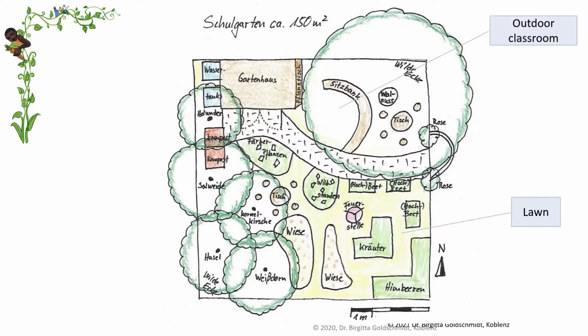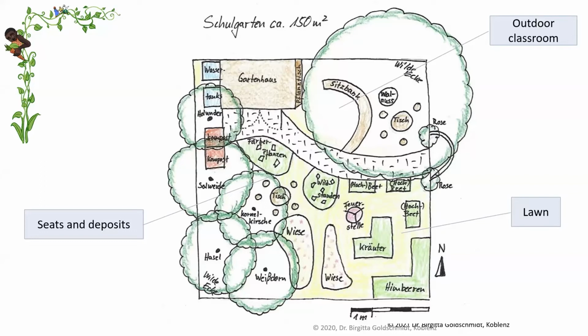Of course, very important is an outdoor classroom where you can meet and gather with the whole class or whole learning group, where you prepare the work in the garden at the beginning of the lesson and conclude at the end of the lesson. Then several seats and deposits where the students can work in small groups, such as breakout rooms.